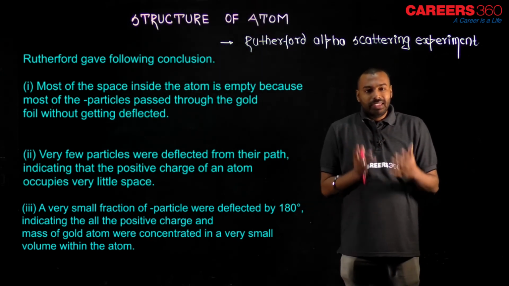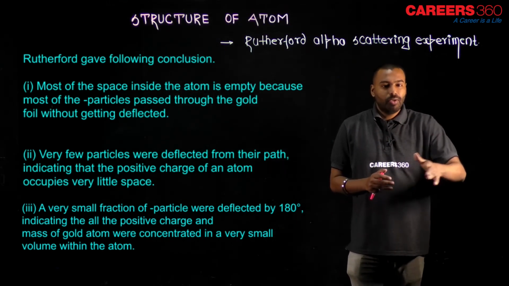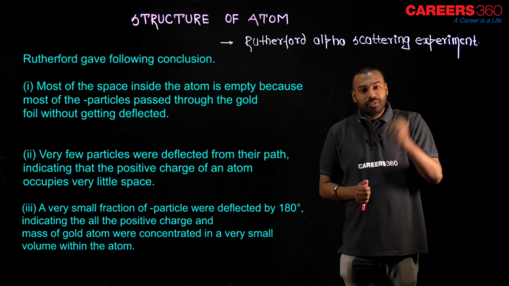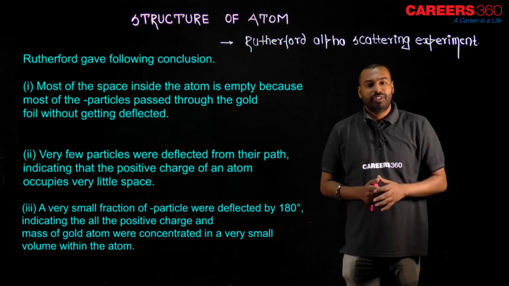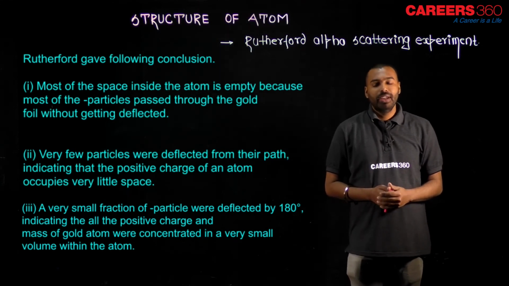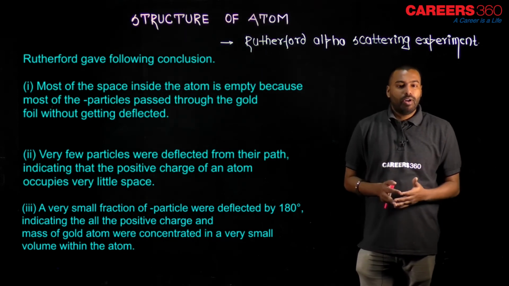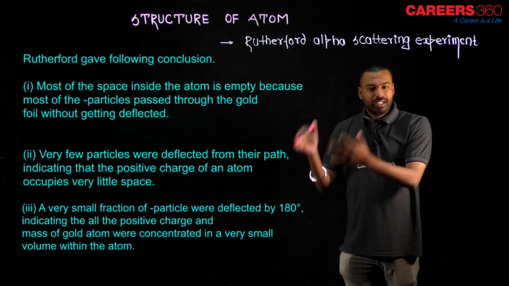Why is only this ray not able to touch the gold foil? This was the question, and due to this question the nucleus, the positive charge, was discovered. That is why this experiment is the base of the discovery of the nucleus. By the way, did you understand all these three conclusions?